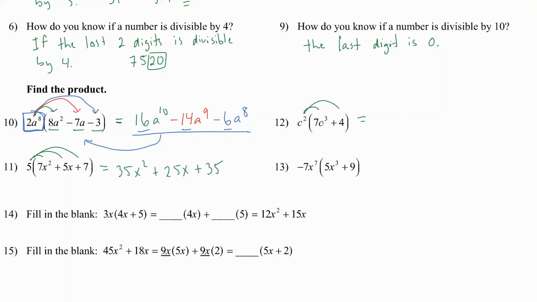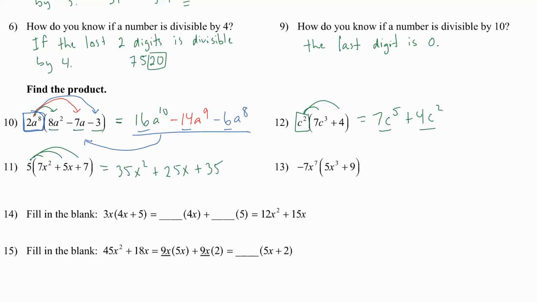And so 7 squared, we're going to distribute that. So 7c to the 5th plus 4c squared. So in this one, again, this one is just a power. So how are we going to look at this and figure out what that exponent is? What you can notice, if there's a variable in each term, is that it's always the smallest exponent. Hopefully you notice that on 10, 11, and 12.